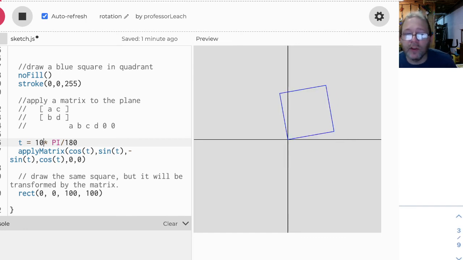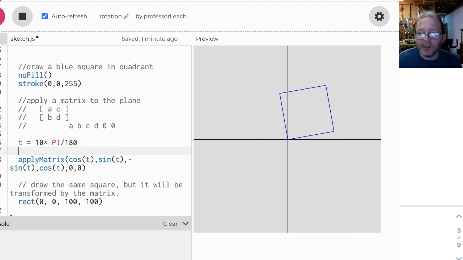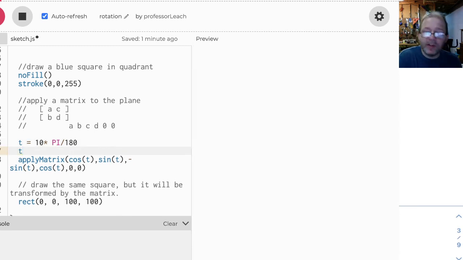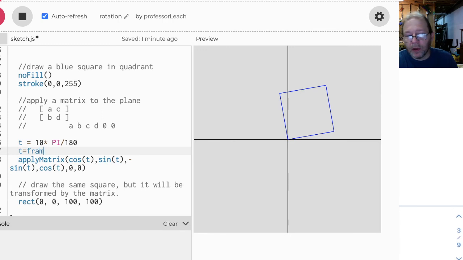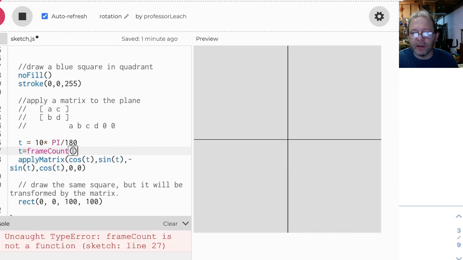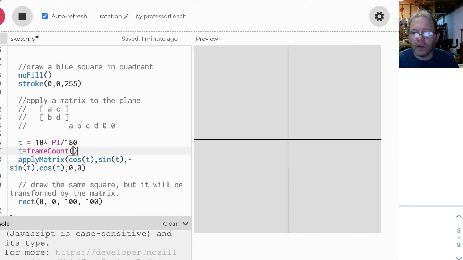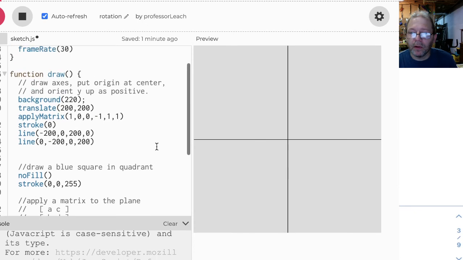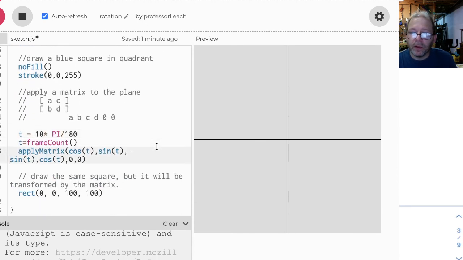A cool thing you can do with this is, up here, I've got t equals 10 times pi over 180, so 10 degrees. You can put in t equals frame count. Since this is set at 30 frames per second, maybe frame count doesn't need this.